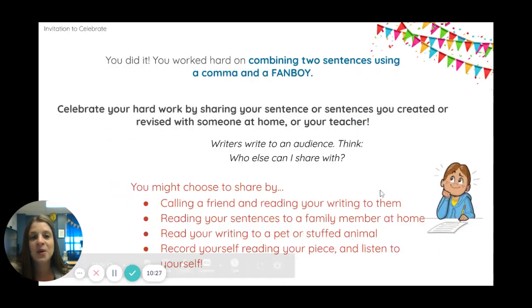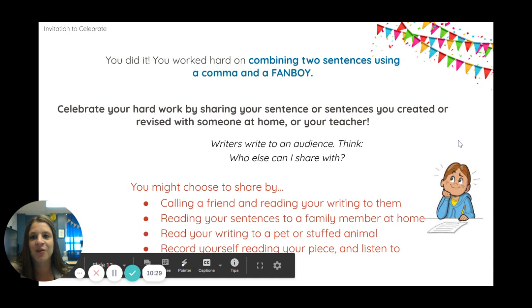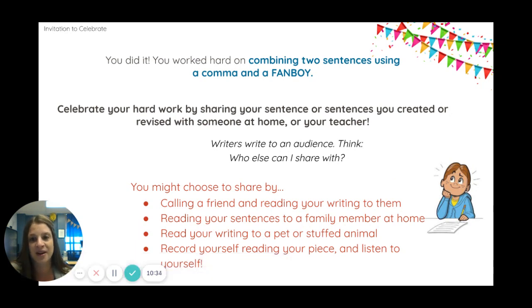Thank you for working so hard on looking back at your writing, combining two complete sentences using a comma and a fanboy. I invite you to celebrate your hard work by sharing your sentence or sentences you created, or even the revision that you've done in your own writing with someone at home or your teacher. Writers write to an audience, and so think, who else can you share your writing with?